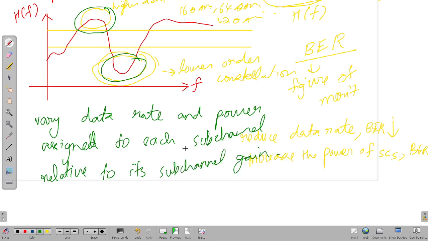That's the idea behind adaptive loading. That is, according to the gain of the channel, you vary the data rate and the power assigned to that subchannel. And how do you vary the data rate and power?